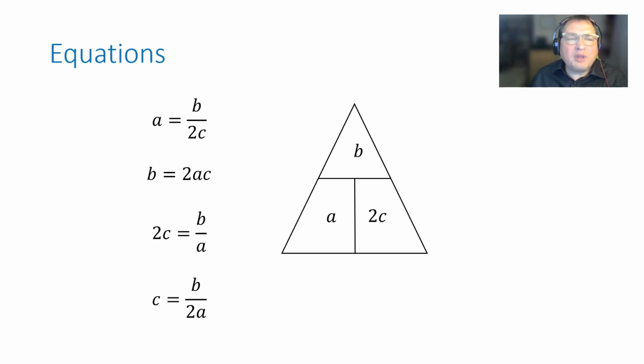Now we have three different ways of reading the content of the triangle. B equals a times 2c, or a equals b over 2c, or finally 2c equals b over a. We can get these three equations instantly just by looking at this triangle.